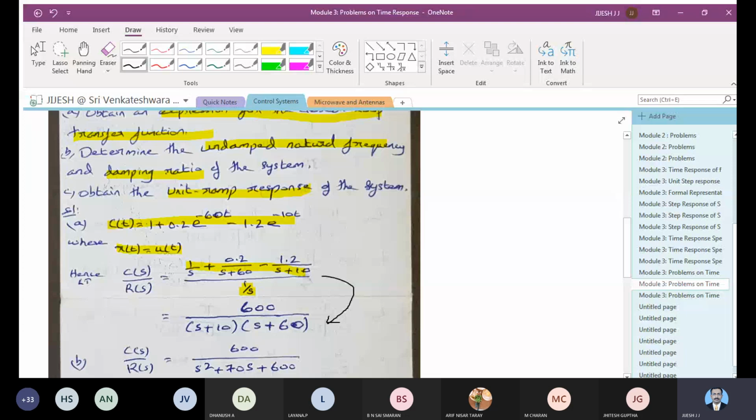So now we have to find out the natural frequency. So we are going to compare it with the transfer function of a second order system, and we are going to find out zeta, omega, and all those things, whatever we have studied before.